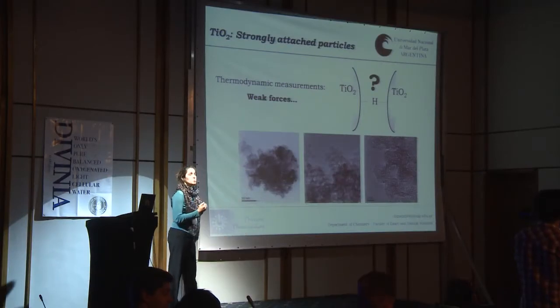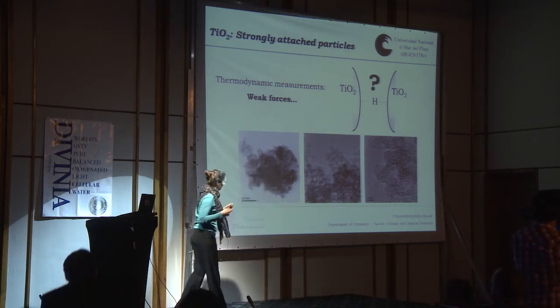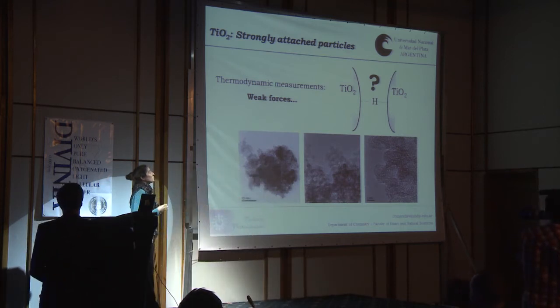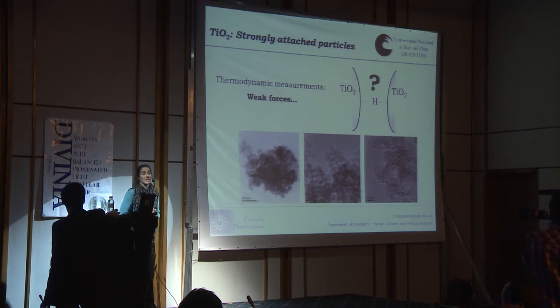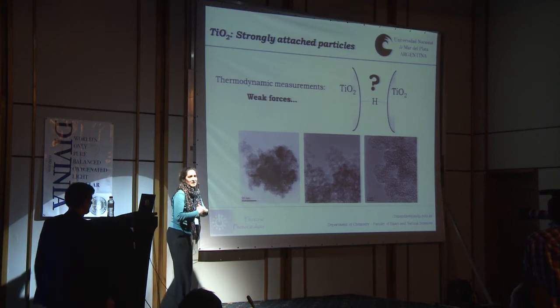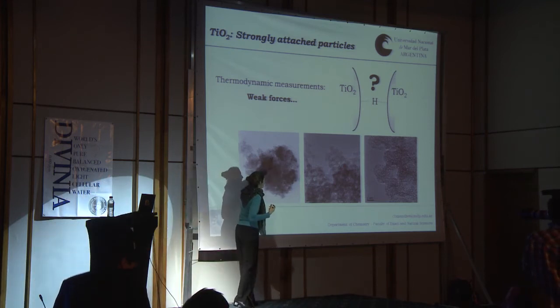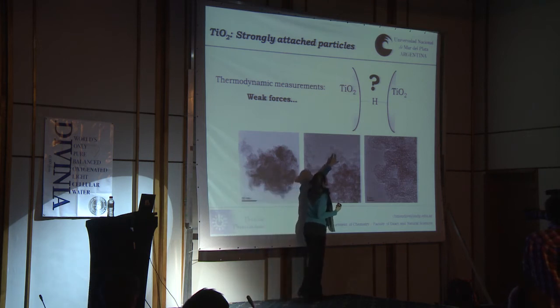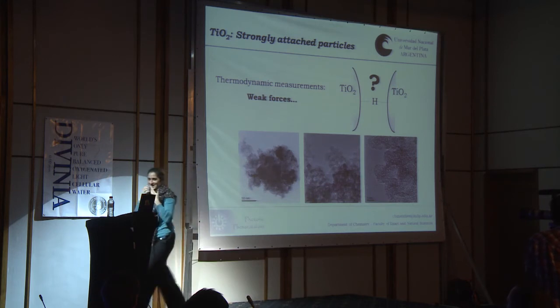This would be more or less in the order of one hydrogen bond. So this would mean that the particles maybe are very weakly attached, and they should be very easily broken or torn apart. But this is not the case. If you see the agglomerates, you will see that the particles are really very strongly attached.